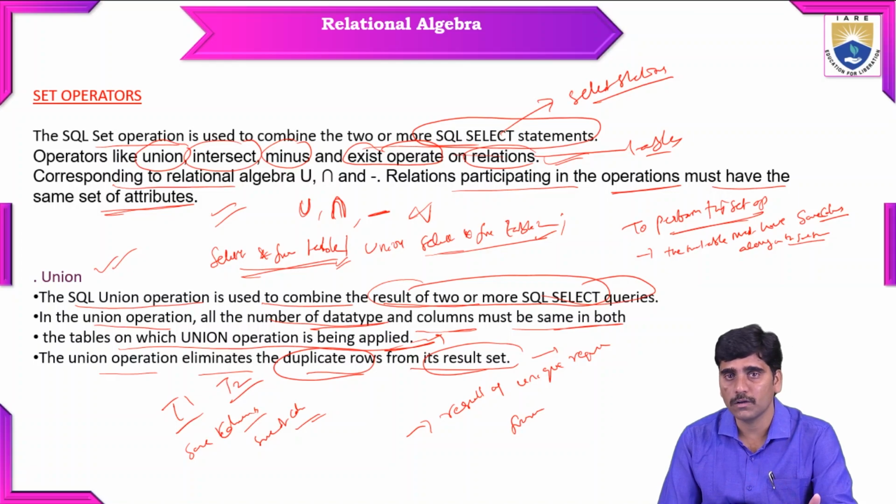To do set operations like union or intersection, we must use these constraints, and then we can apply the operators.